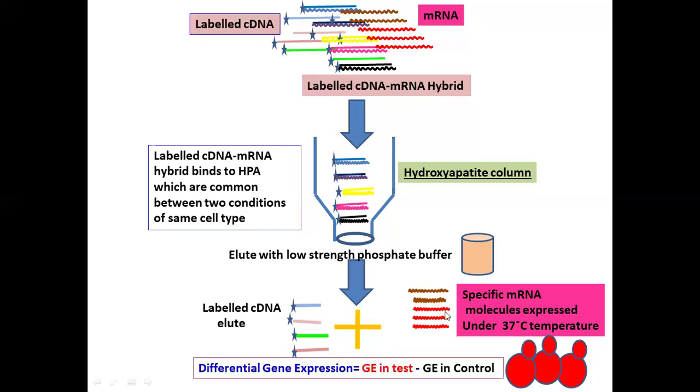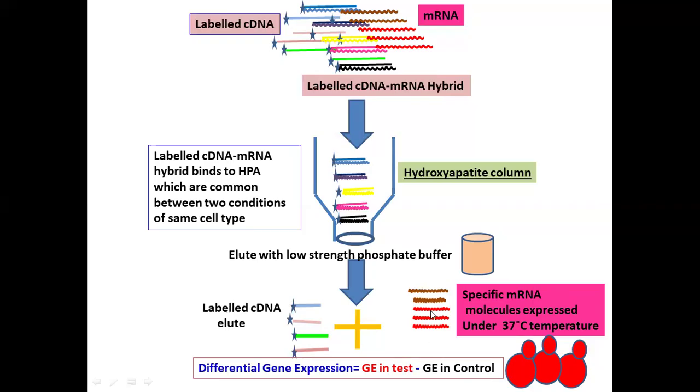Specific. Now you can see, differential gene expression is equal to gene expression in test minus gene expression in control. Here, differential gene expression means genes which are very specific to the higher temperature, that's 37. To know the genes which are very specific to 37, you remove the genes which are expressed in control, using that as a subtract to remove from the test condition.